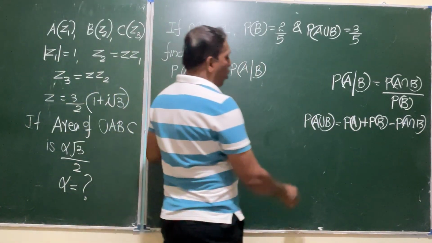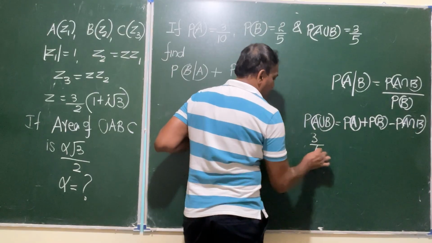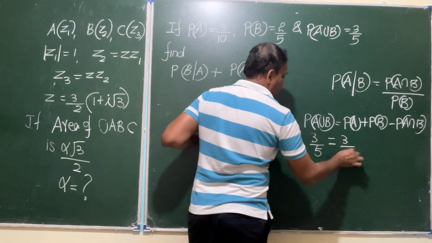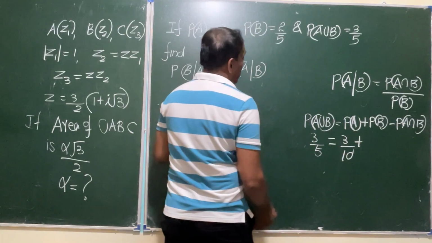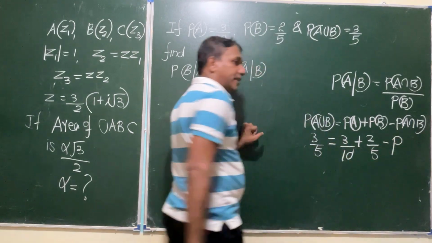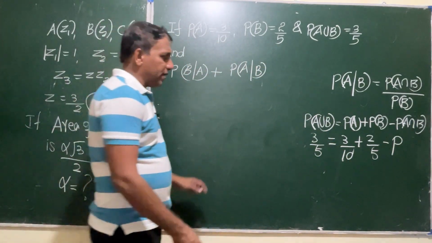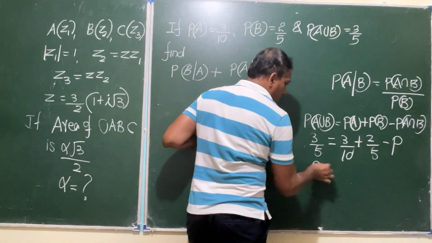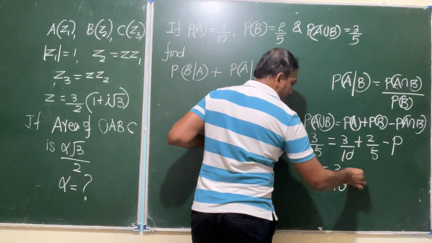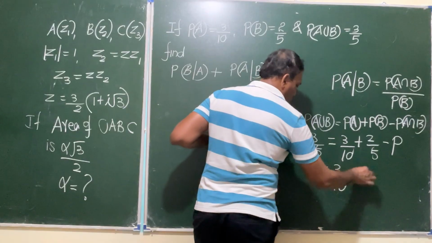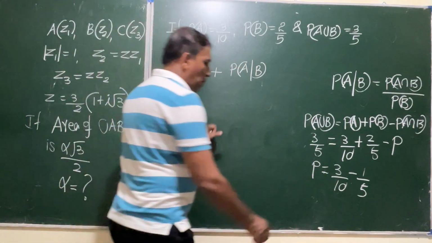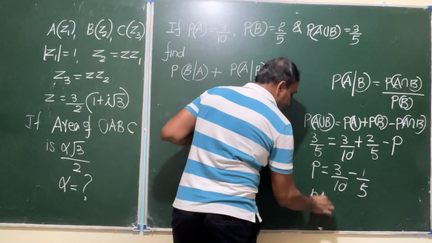We apply all the known values. P(A union B) is 3/5. The probability of A is 3/10, plus the probability of B, which is 2/5, minus P(A intersect B).